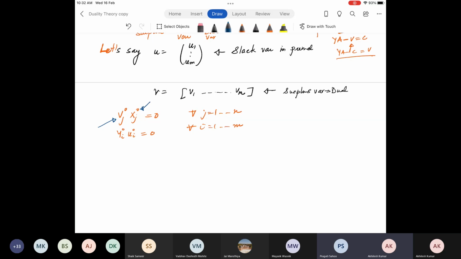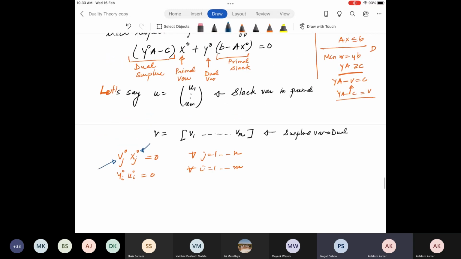Because of the way we design our LP problems, all of them are greater than equal to 0 for standard form, either surplus, slack, or normal variables. So if one of them is 0, the other will be greater than equal to 0. So when the surplus in the dual problem is 0, the corresponding primal variable will be greater than equal to 0.